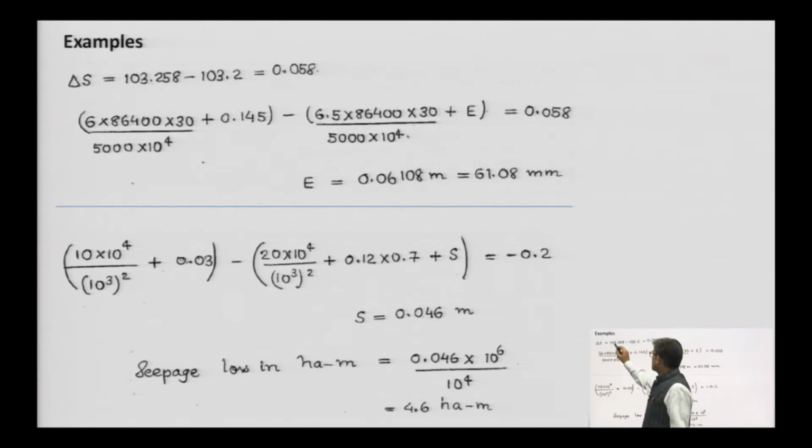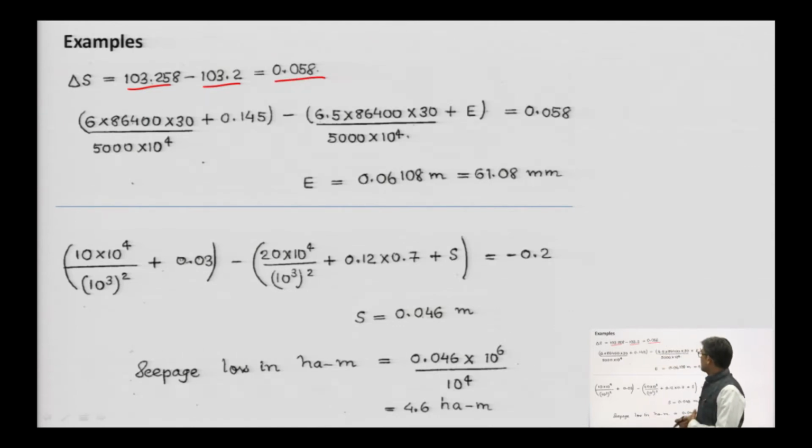Say the change in water level is 0.058. Since this is a positive sign, it means the water level is increasing. Initially the water level was 103.2 and now it is this.